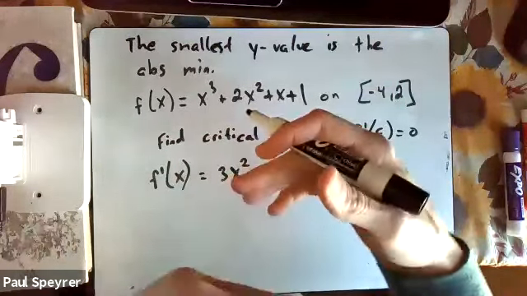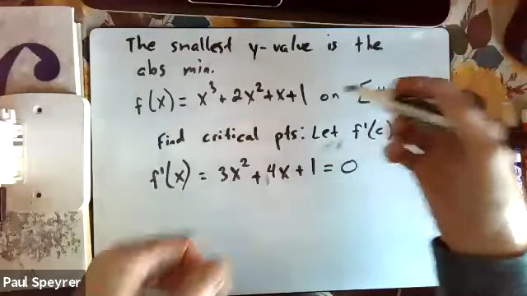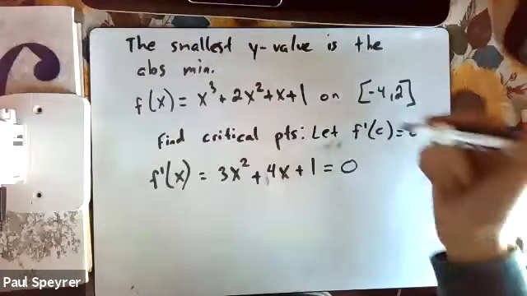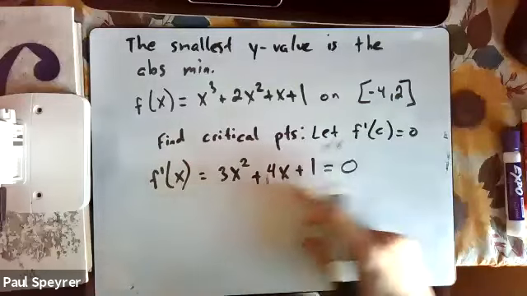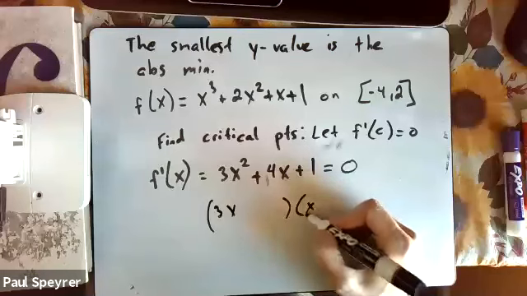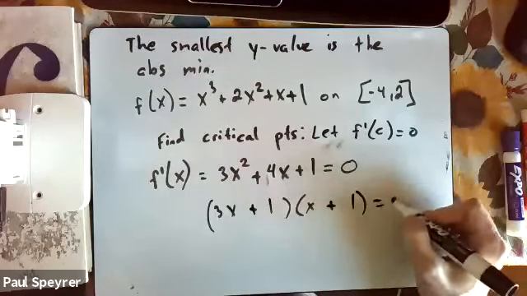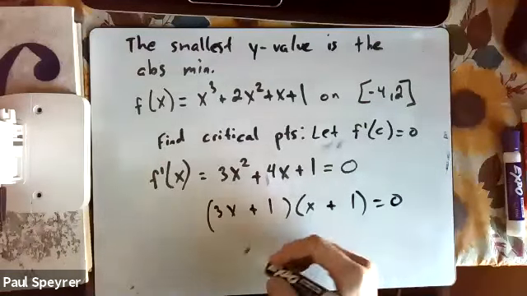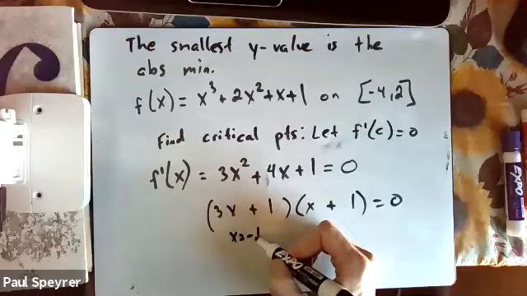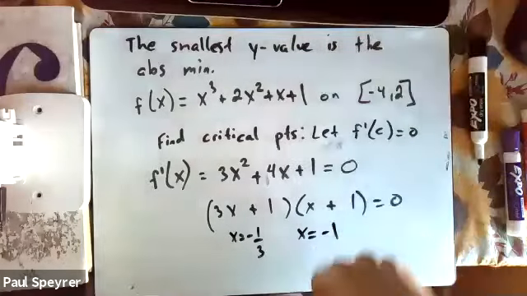That, again, is going to give us the x values where the humps are occurring. Remember, wherever the humps occur, that's where the derivative is equal to 0. That's where the slope of your line would be 0. So how do we solve this, right? Got to factor it. Okay. So then you set both of these to 0, and we get x equals negative 1/3 and x equals negative 1.